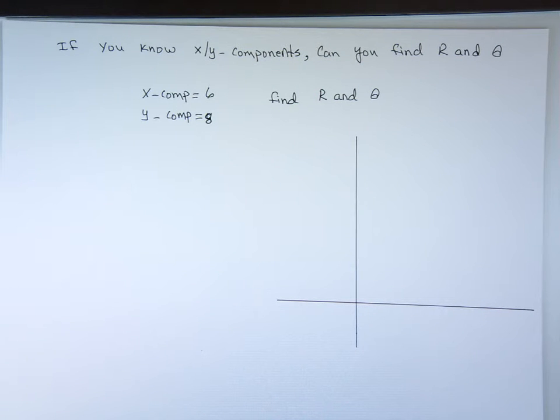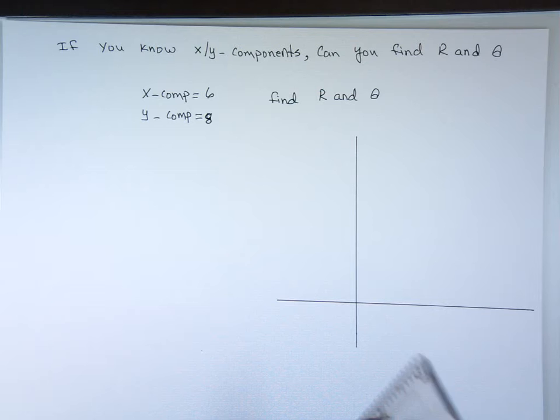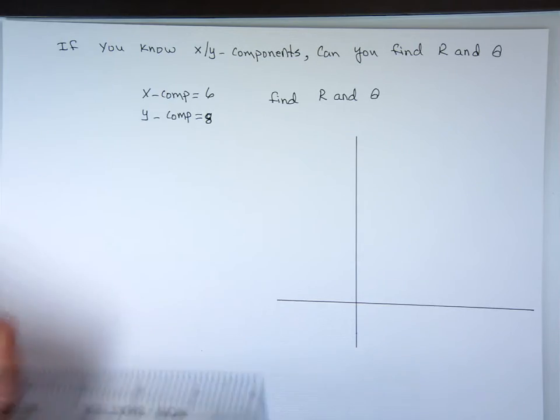Well, let's see. Maybe I'll use a scale 1 to 1. One to one, so I'm going 6 units in the x direction.